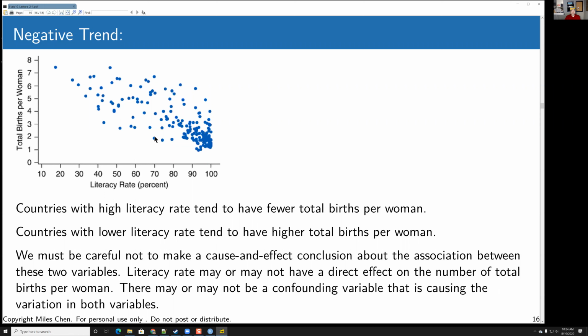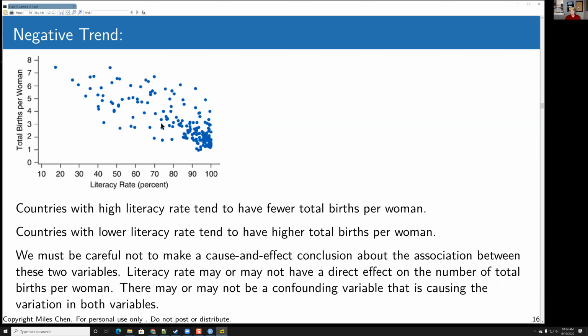These two countries both have a literacy rate of around 70%, and there's quite a big difference, with this one having an average of around 2 and this one having an average around 7. There's certainly quite a bit of spread, but overall the trend is that as literacy rate goes up, the total births per woman tends to go down.